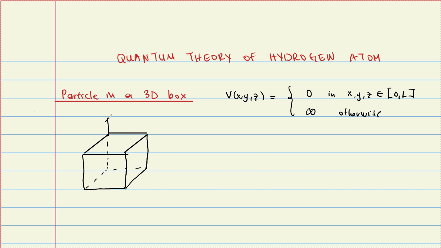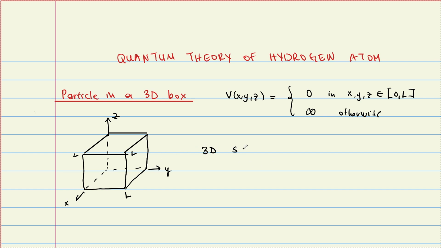If you want, this one is x, this one is y, and this one is z, and the length of the box is L, L, and L everywhere. An L cube, and we want to solve the Schrodinger equation inside.